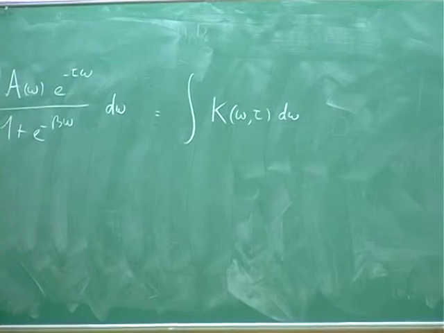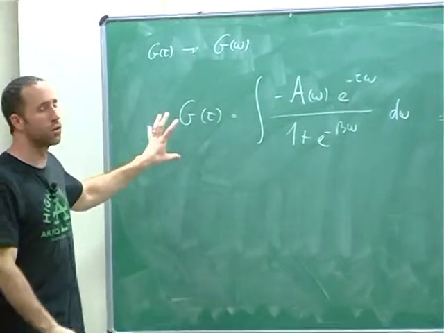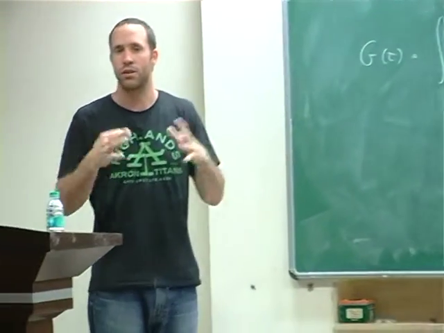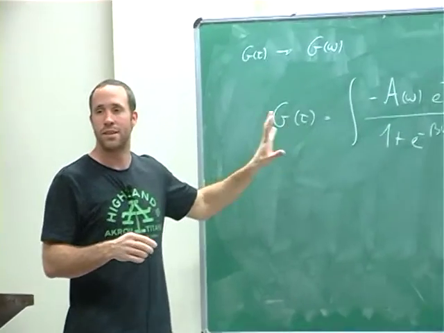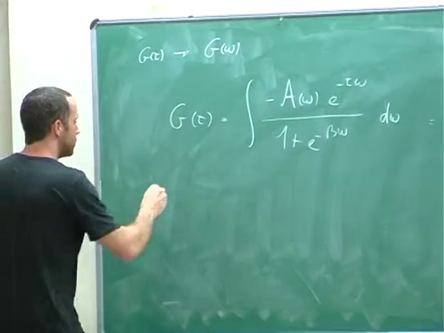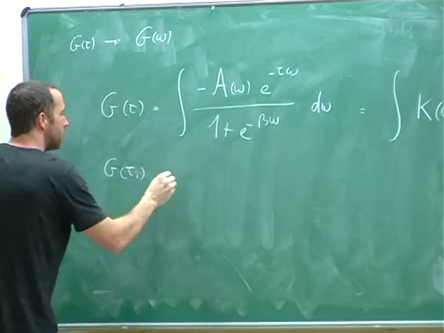This is written as an integral, but you could think about this on a discrete grid. I could take my G at some discrete points to get G at point tau i.